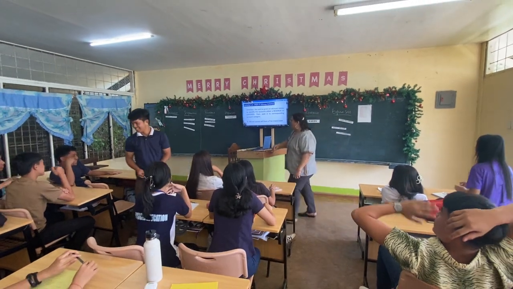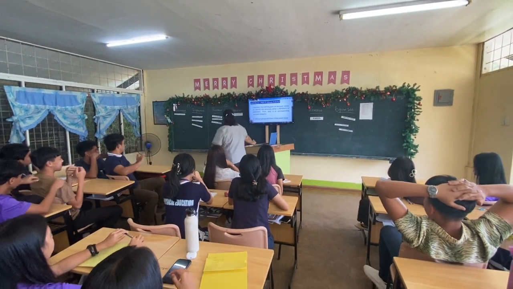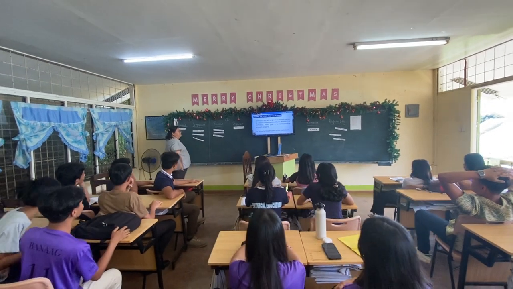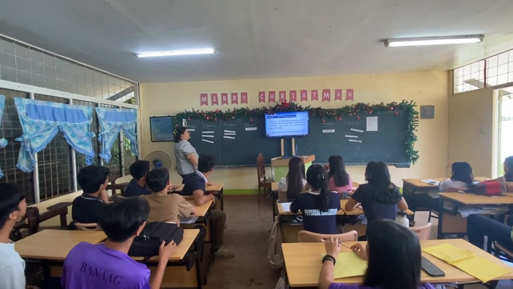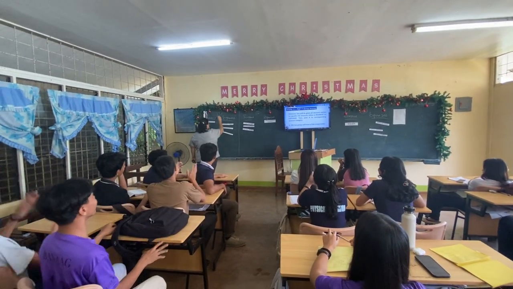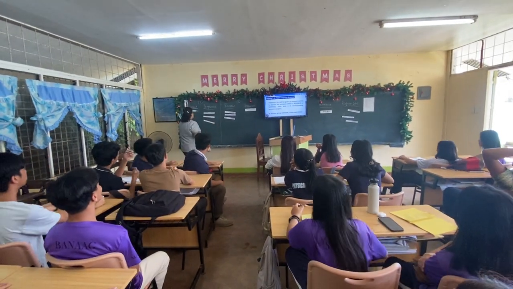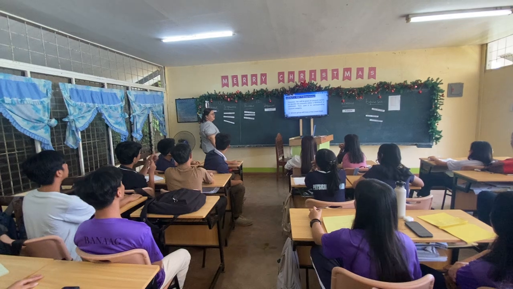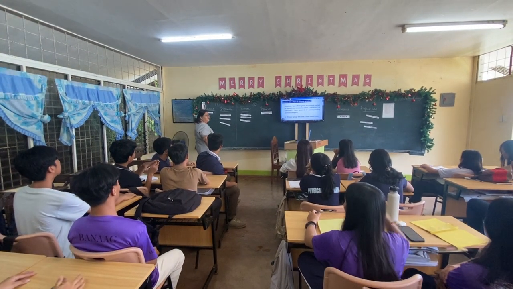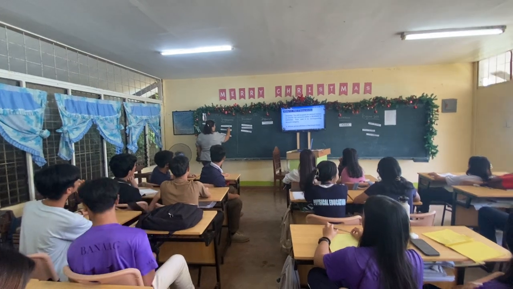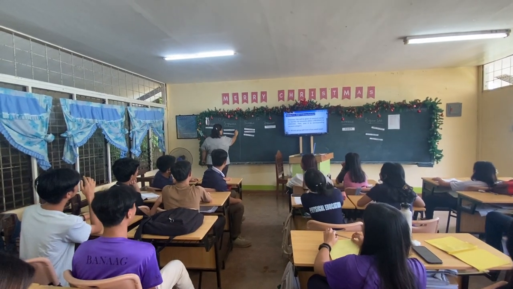Let's try to check. Okay. Revenue. Medical revenue. Is it correct? Yes. Okay. Relating to medical revenue, if your business is medical supplies for hospital. Okay. How about expenses? Utilities expenses.